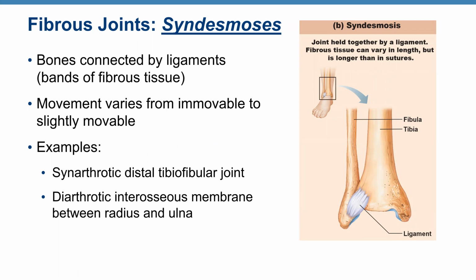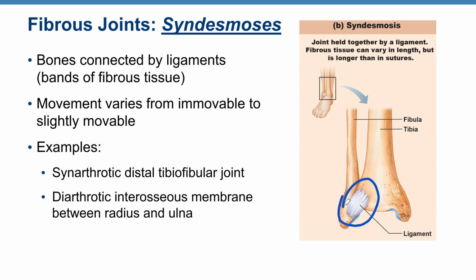Bones connected by ligaments, bands of fibrous tissue. Movement varies from immovable to slightly movable. An example will be the distal tibiofibular joint. So we remember our tibia, that's the medial bone of your leg, and fibula, the lateral bone.